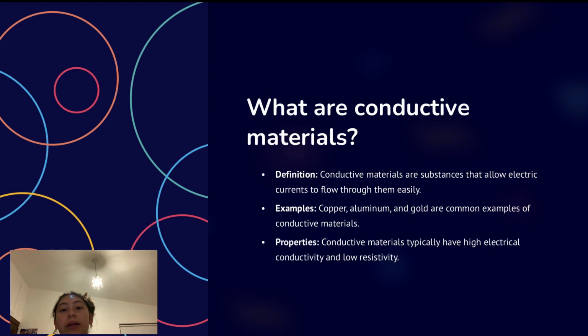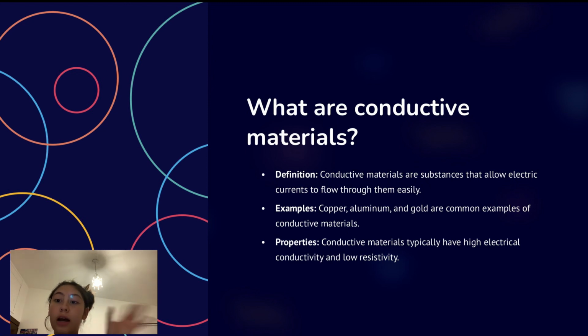As last topic, we have conducting and insulative materials. First, what are conductive materials? Conductive materials are substances that allow electric current to flow through them easily. Some examples that we have are silver, that is an excellent conductor of electricity and heat due to its high conductivity and malleability. Then we have copper, that is widely used in electrical wiring for its high conductivity and corrosion resistance.